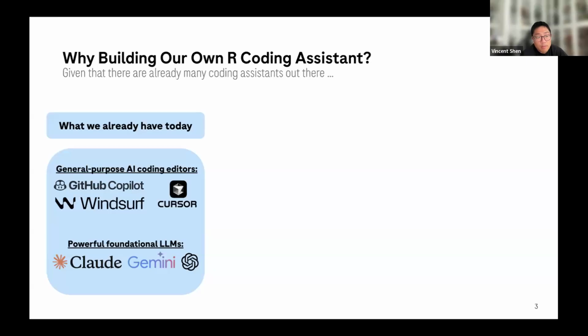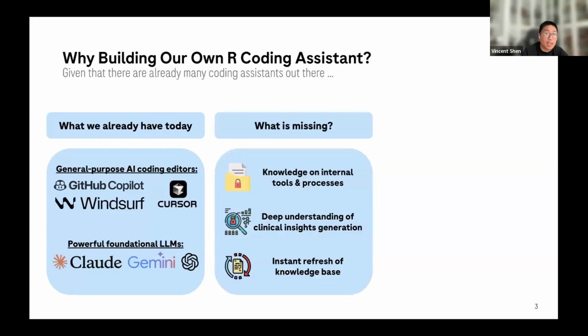Using these tools, you can also call different very powerful foundational large language models, like Claude, Gemini, and GPT models. These tools are very, very powerful for general purpose coding. If you consider coding as a whole, across all the industries, as a task to tackle, these things provide you very good general purpose support for these tasks.